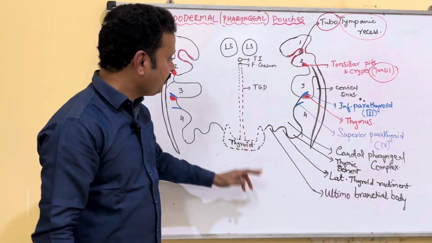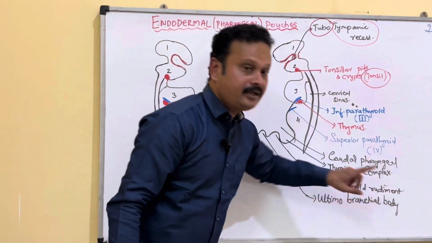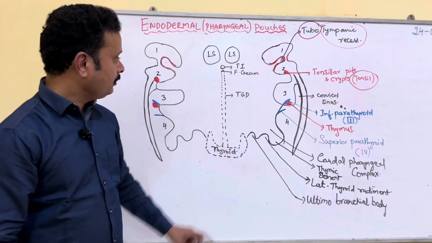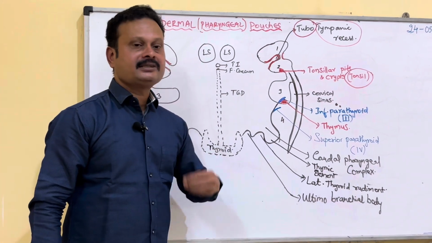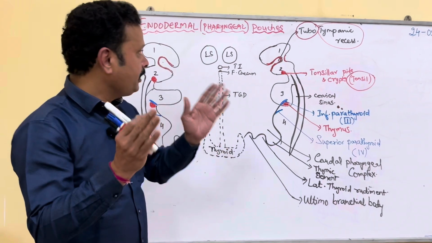That means the thyroid descending downwards into the thorax is prevented by this lateral thyroid rudiment. And the last one is the ultimobranchial body, which gives rise to the parafollicular cells or C cells of the thyroid gland. So this is all about the endodermal pouches.